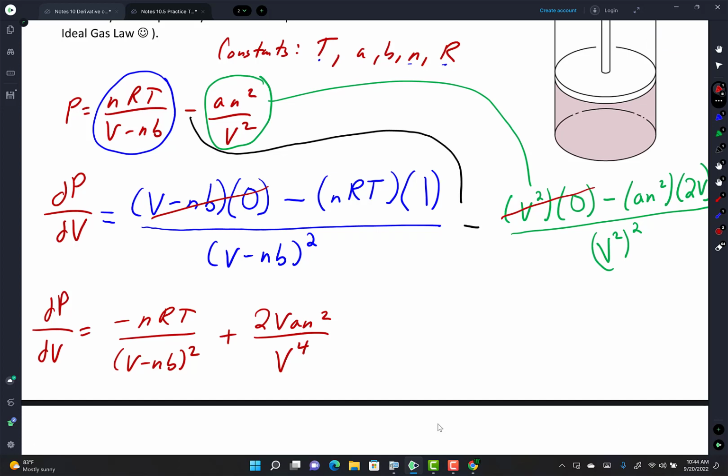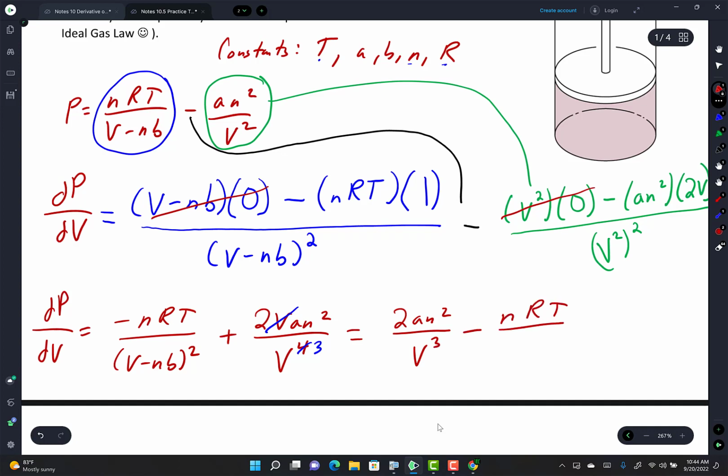But one of the V's cancels out, right, guys? Bam, that's to the third. So my final answer is, I'm going to put the positive term first: 2an squared over V cubed minus nRT over V minus nb squared.